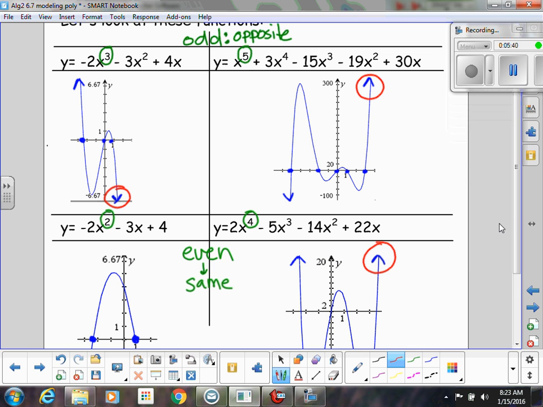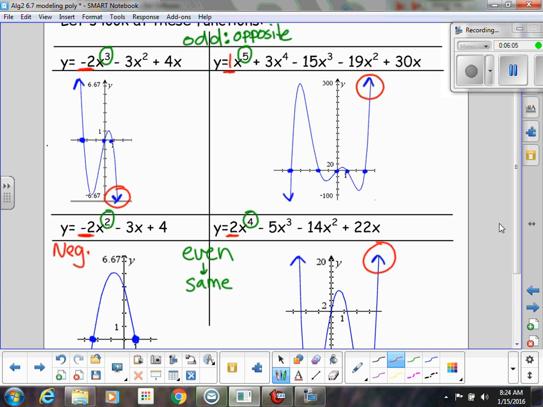So now I'm going to focus your attention on the lead coefficients. Do you see that? And here, remember, this lead coefficient is 1. Do you notice that the lead coefficients on the left are negative? They're both negative. It doesn't matter that they're both -2, but they're both negative.